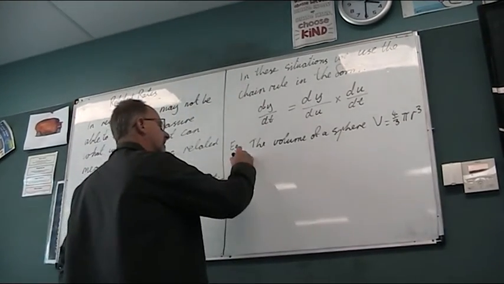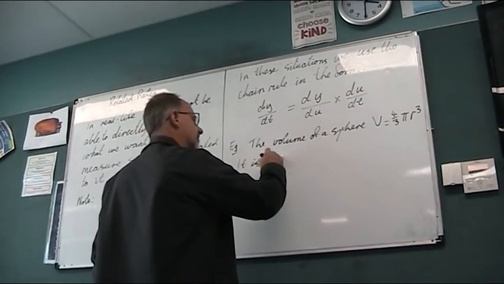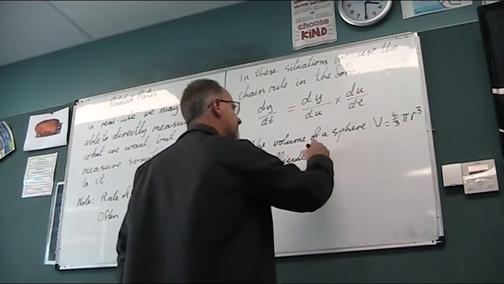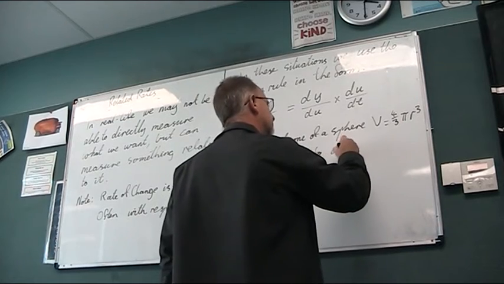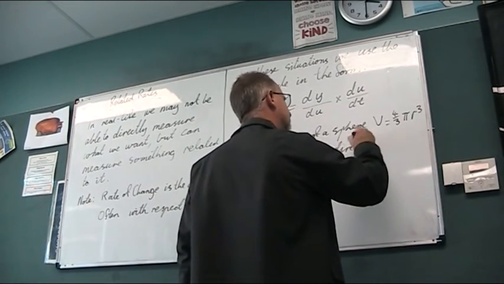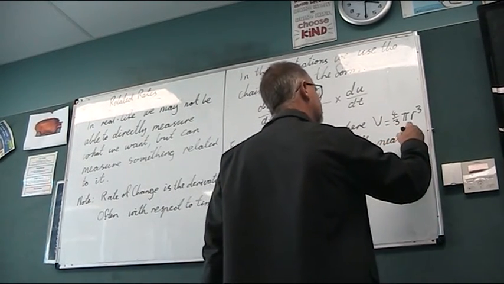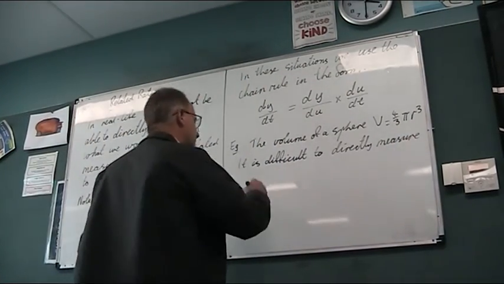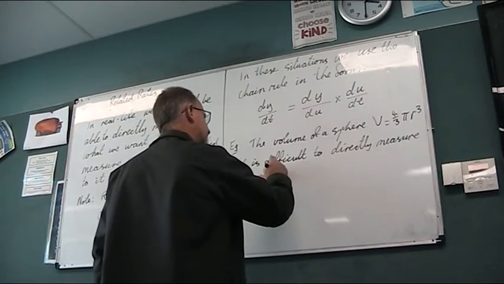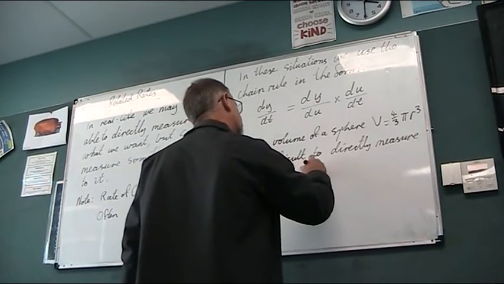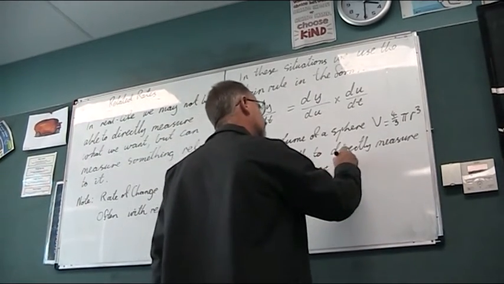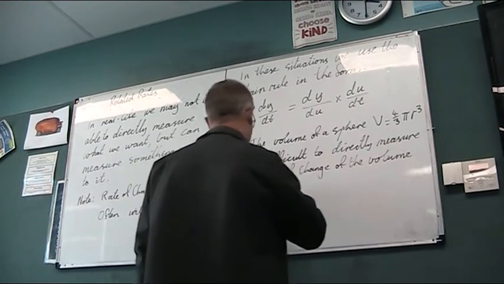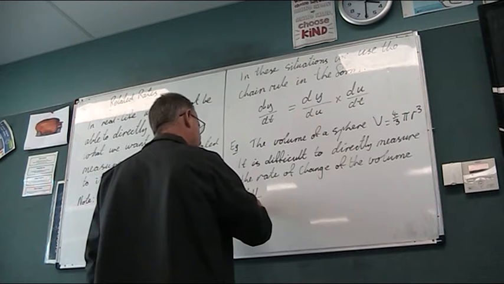So it's difficult to directly measure the volume, or the rate of change of the volume, which is dV/dt.